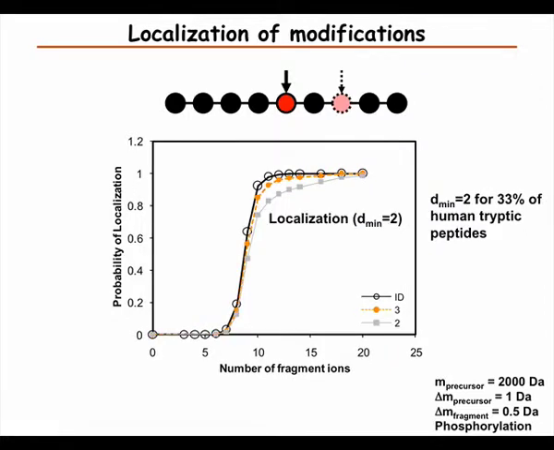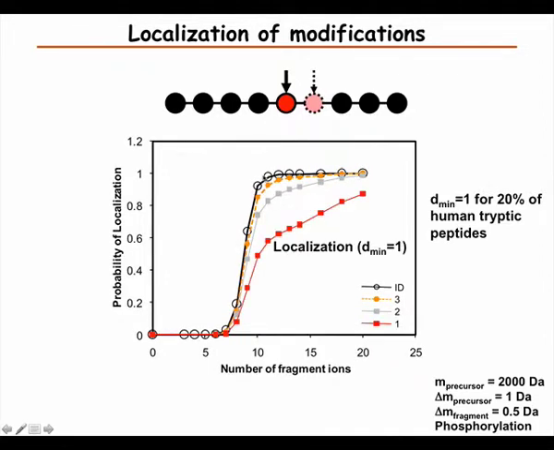But sometimes, in about 1/3 of the cases, the distance is just 2 amino acids away. And then we see it becomes more difficult to identify. And if we move to 1, it becomes even more difficult, so we need more fragments to successfully identify.